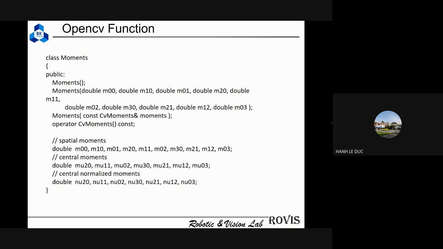This is the result of the function. They will give you the moments M00, M10, M01 here, and from these you can calculate the central moments mu 10, mu 20, and so on.